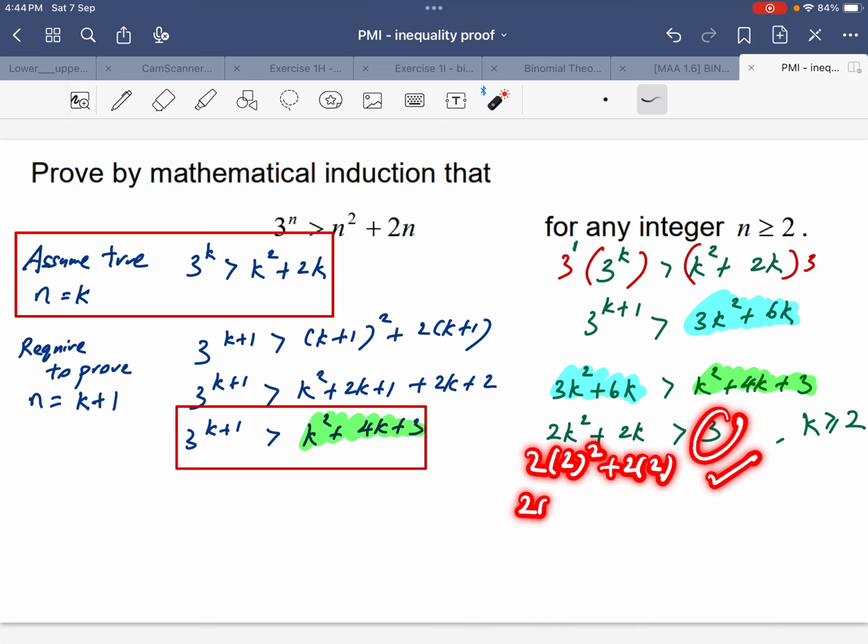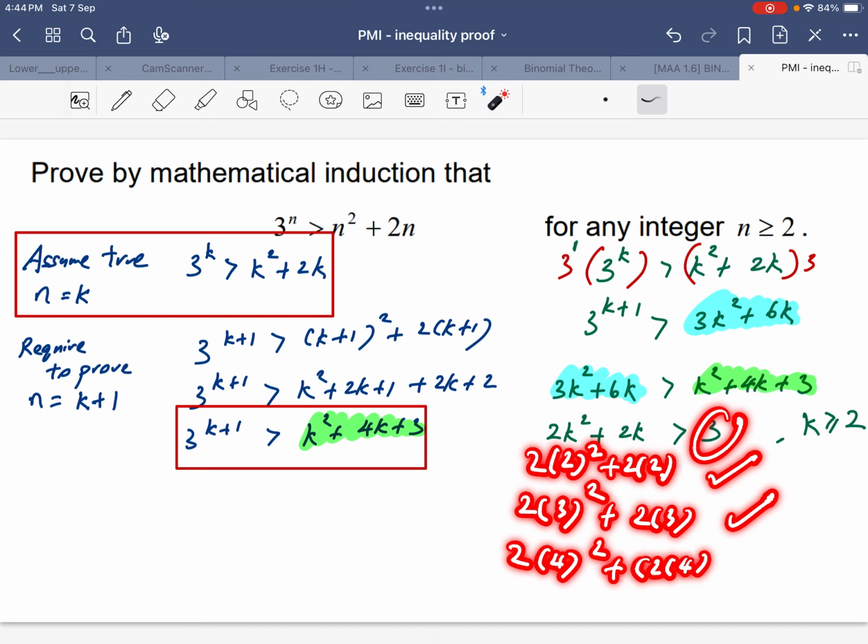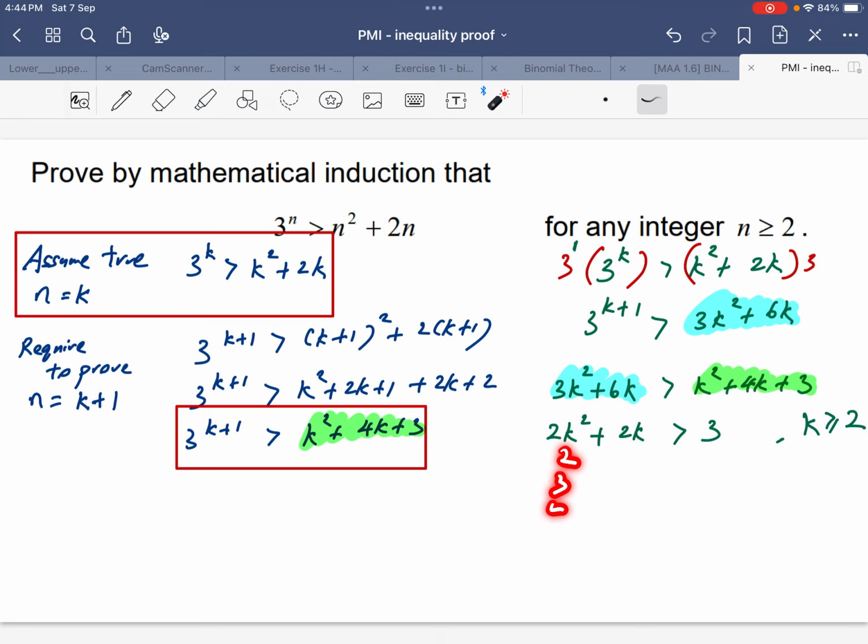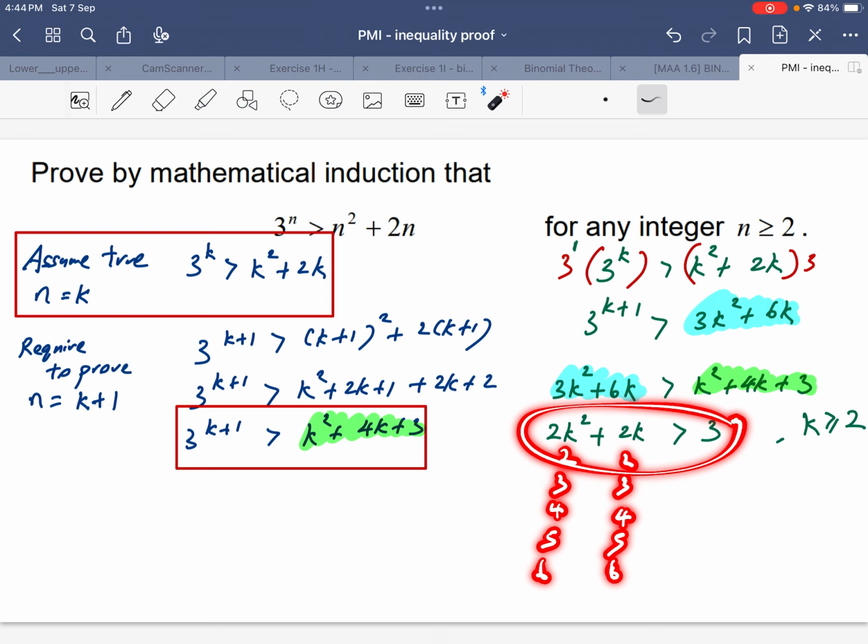Yes. If you plug in 3 on your left hand side, it will be always greater than 3. And you try with n equals to 4, it will be greater than 3. So think about it. If you sub in 2, 3, 4, 5, any number that is greater than 2, this is always correct. Am I right?